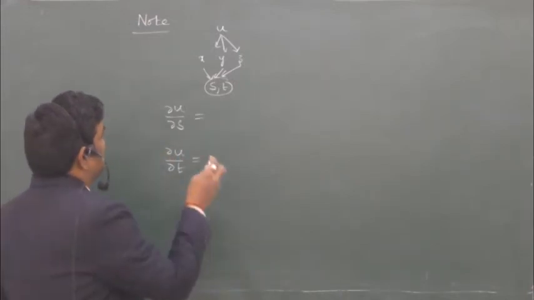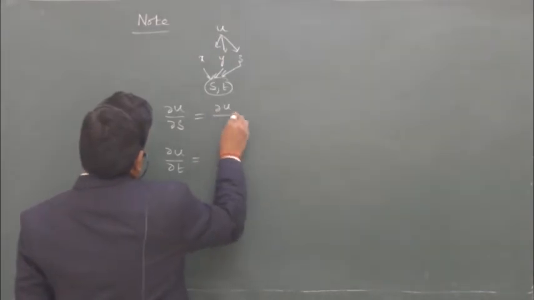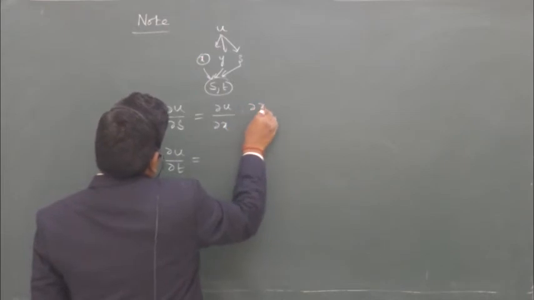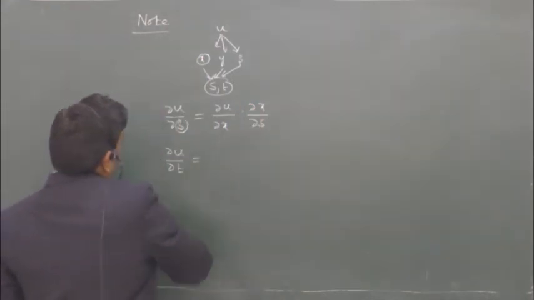Now dou u by dou s equals, take the derivative of u with respect to the first variable x and the derivative of x with respect to the outside variable s.